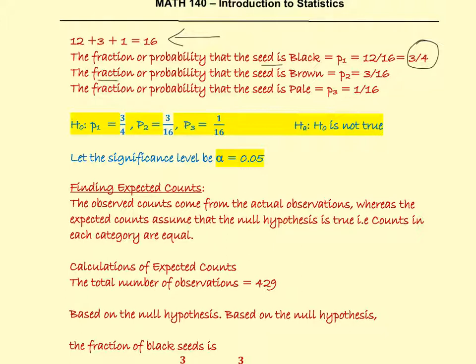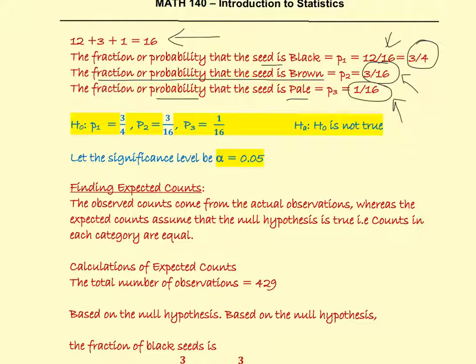The fraction or probability that a seed is brown should be 3 out of 16, and the fraction or probability that the seed is pale should be 1 out of 16. So if there are 16 parts, then 12 out of 16 parts must be black, 3 out of 16 parts must be brown, and 1 out of 16 parts must be pale.